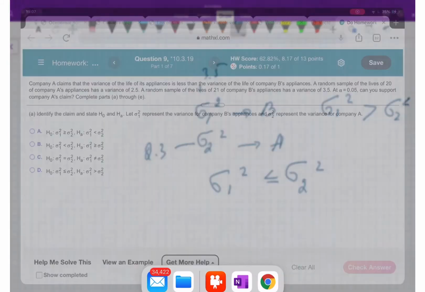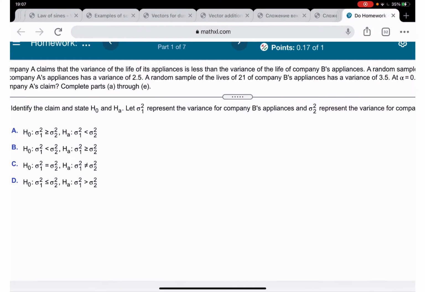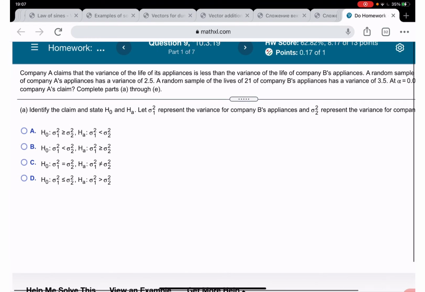Okay, let's see. 2.5 and 3.5. Okay, let it be. But at least we know that it's supposed to be 3.5, S1, because it's greater, and 2.5 is S2.